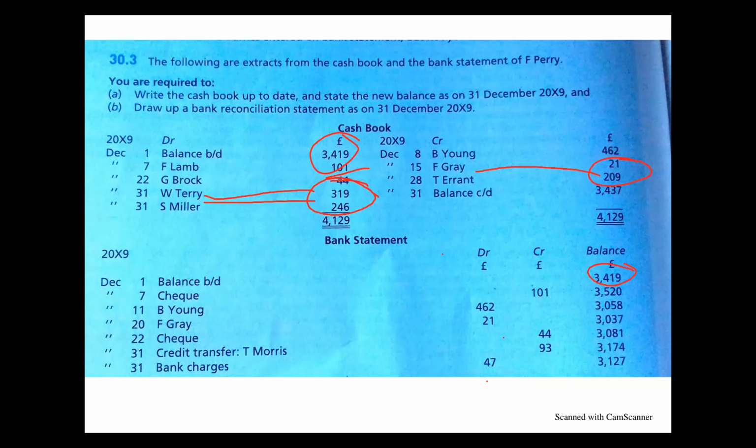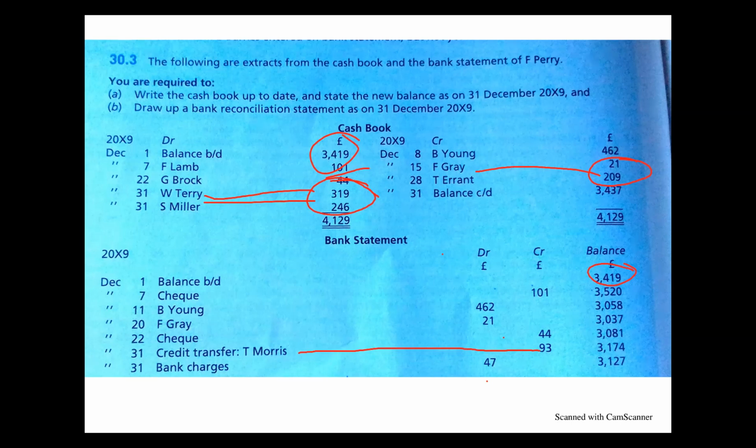And then when you check again on the bank statement, there is this 93, which is a credit transfer from T. Morris. So the bank received it, but you have not recorded it in your cash book.